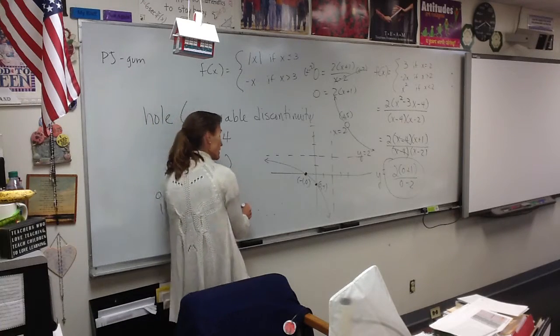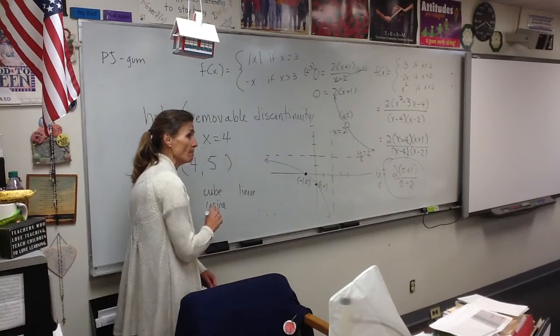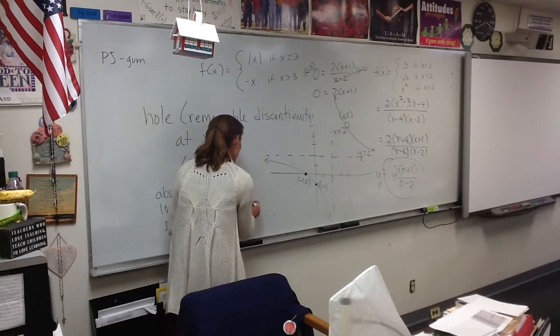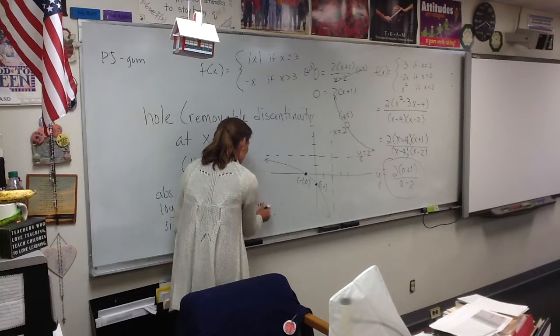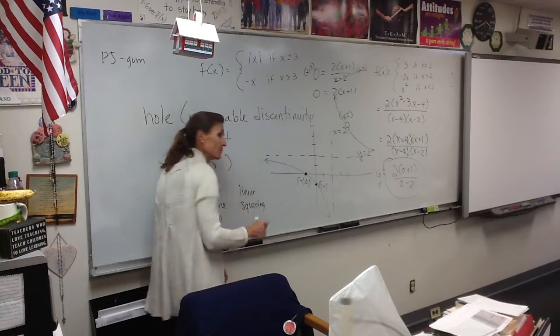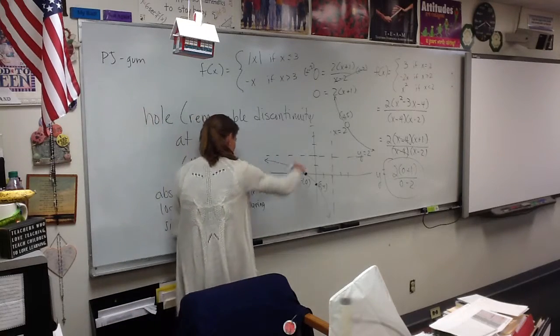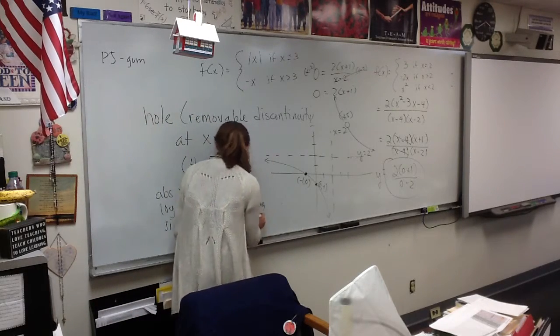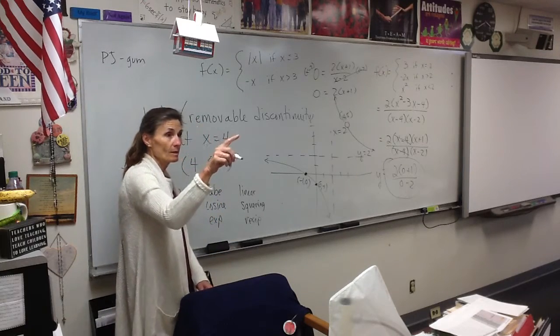Audrey? Linear function. Linear, yeah, the basic one of all. John? Squaring function, which is your quadratic function, yep. The reciprocal function, which is a variation we have right here. Good, we're on a roll. We got 3 more to go. Mahela?